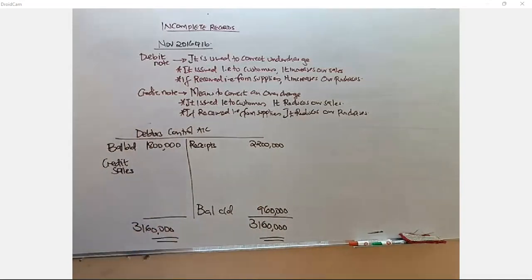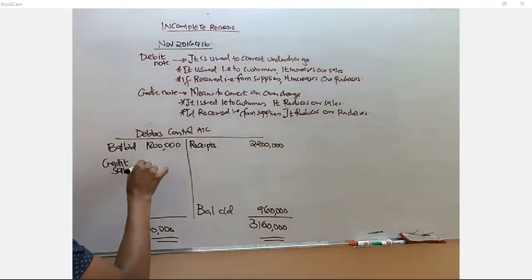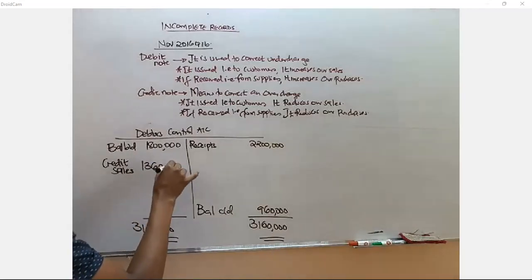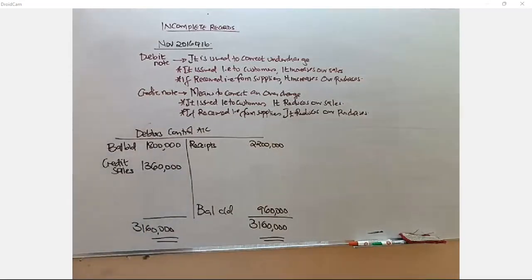Taking 3.16 million minus 1.8 million, I get my credit sales, which is 1,360,000.